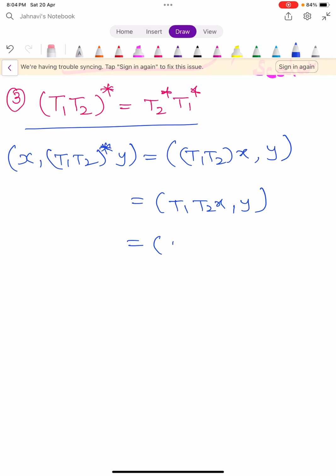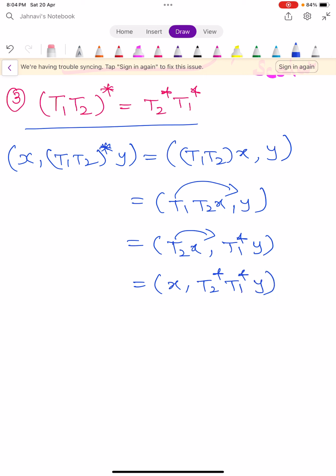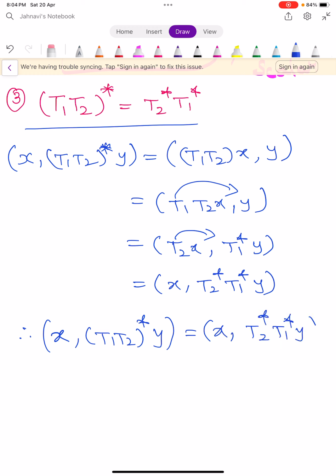Again it can be written as T2x comma, and we shift this T1 to that side, it becomes simply T1 star into y. In the next step, shift the T2 also to that side, and you get x comma T2 star into T1 star into y. So we prove the inner product of x comma (T1 T2) whole star into y is equal to the inner product of x comma T2 star into T1 star into y.